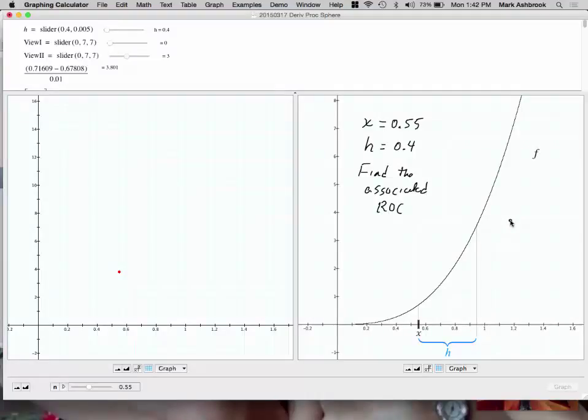Okay, same current value of x, 0.55, that we did. But now h is 0.4, so it's based on an interval of 0.4 starting at 0.55. Find the rate of change associated with that. Go.